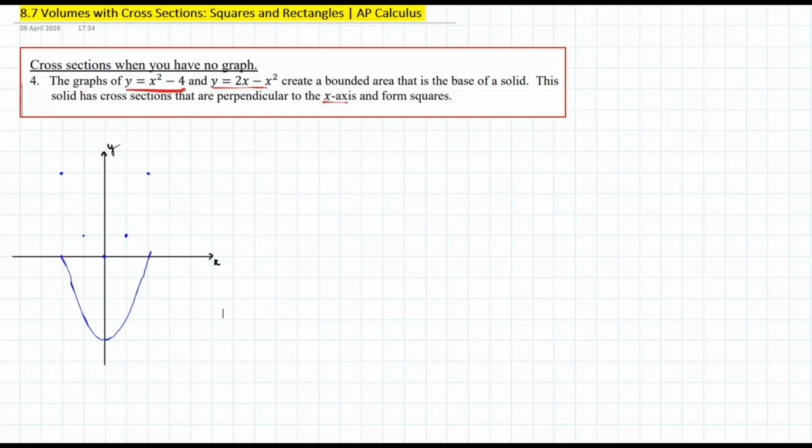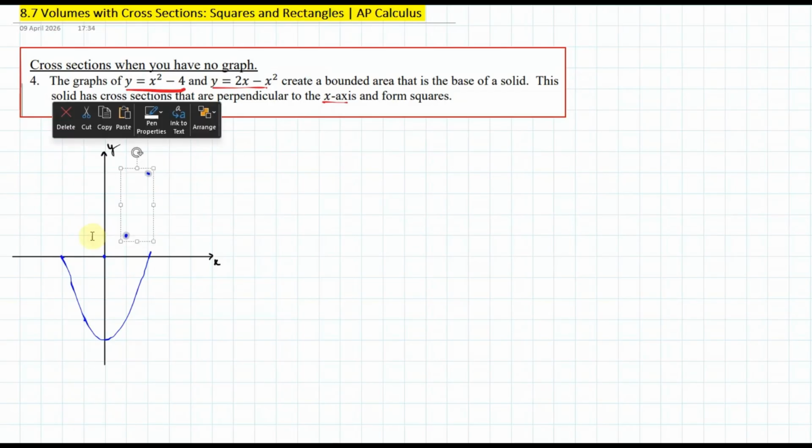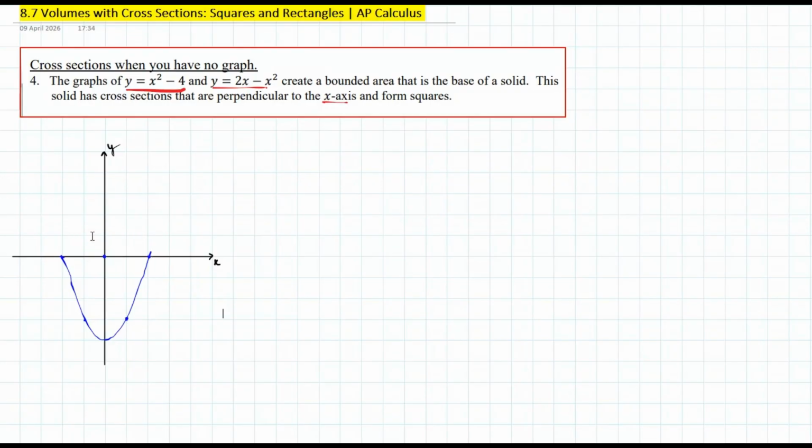So this is the parabola shifted 4 units down. Also you can shift these points. So this is extended.